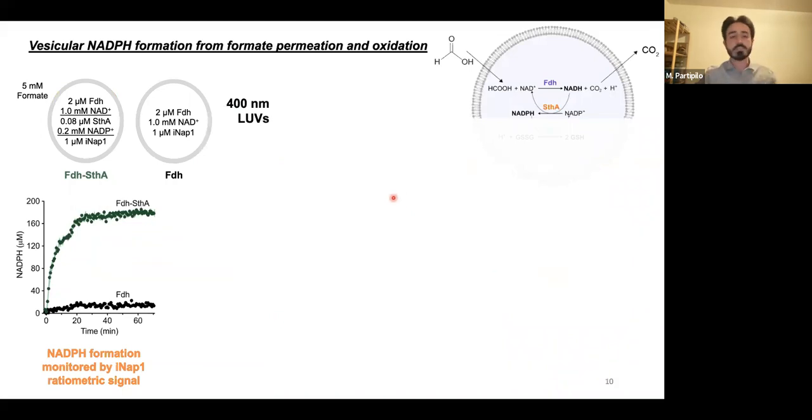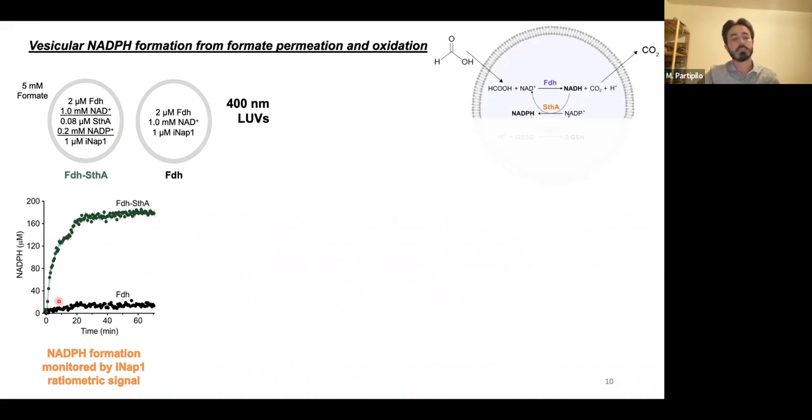Now, once we were sure that the sensor could work to monitor transhydrogenation, we equipped our large unilamellar vesicles not only with the enzymes of our pathway, but also with the sensor, of course. So here, you have the conditions and the concentrations used for this experiment shown in this panel.